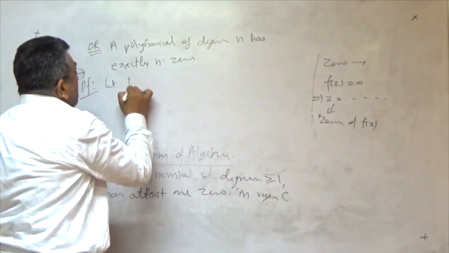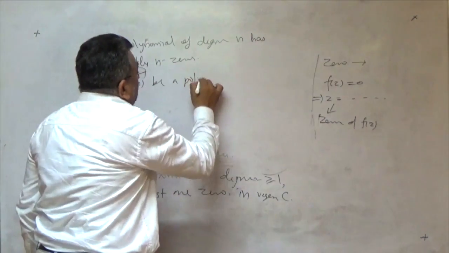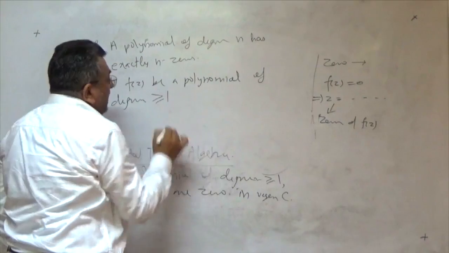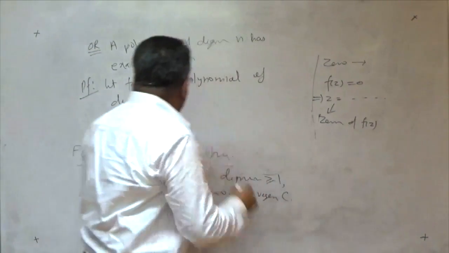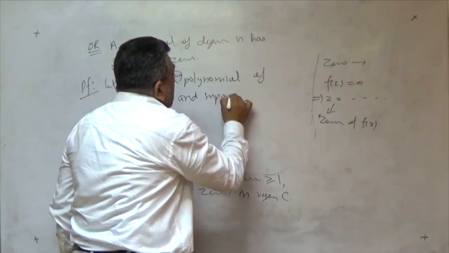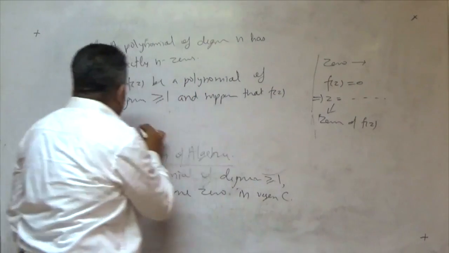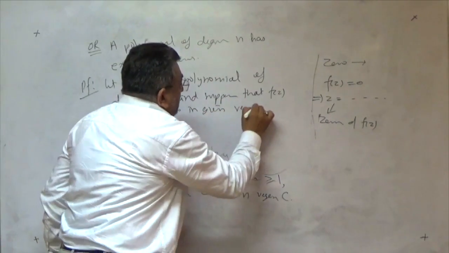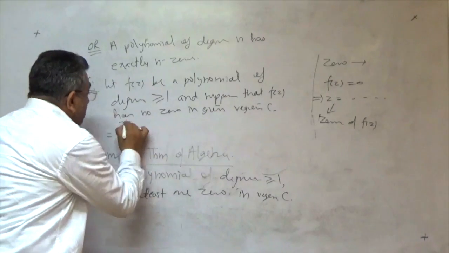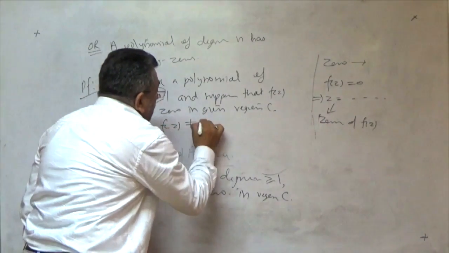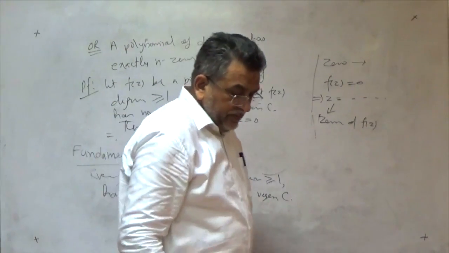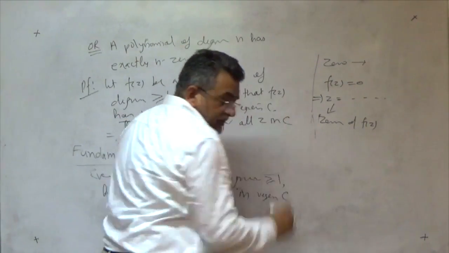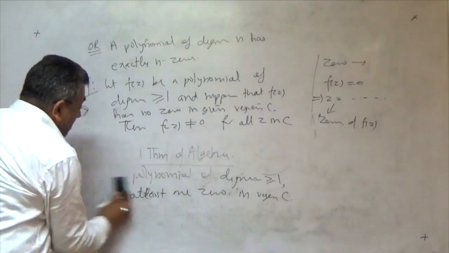For proof, let f(z) be a polynomial of degree greater than or equal to 1, and also suppose that f(z) has no zero in the given region C. That means f(z) is non-zero at z equal to 0, and f(z) is non-zero for all z in C. This is our consideration.